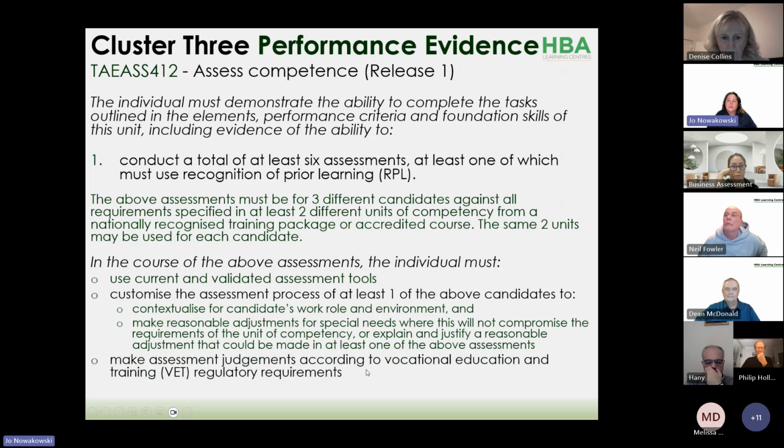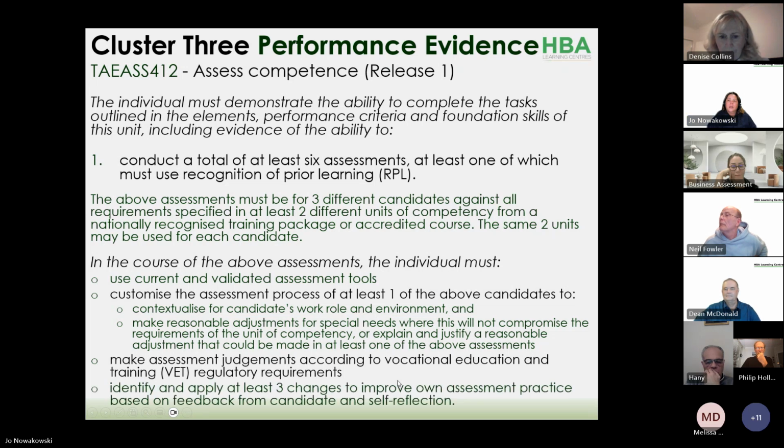Make assessment judgments according to vocational education and training regulatory requirements. And identify and apply at least 3 changes to improve own assessment practices based on feedback from the candidate and self-reflection. So again, that word feedback, it keeps coming back, huh?